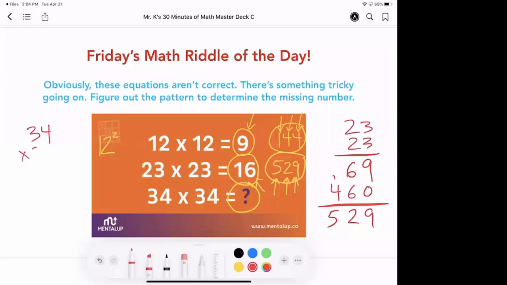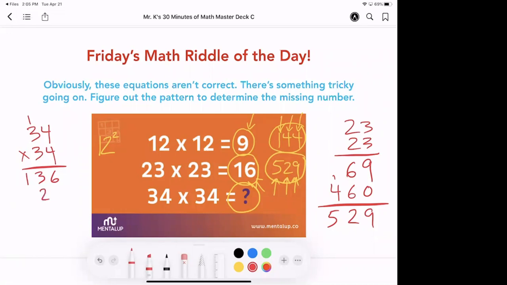34 times 34. All right, 4 ones times 4 ones is 16, and we have 6 ones and a 10 I'm going to put up there. 4 times 3 tens will give us 12 tens, or 120, plus 1 more 10, which would give us 130. Then 3 tens times 4 ones would give us 120.